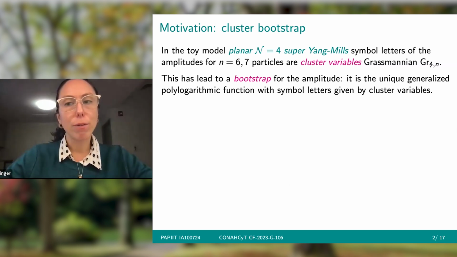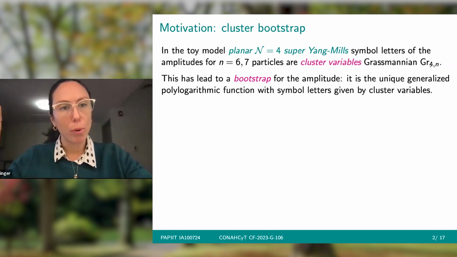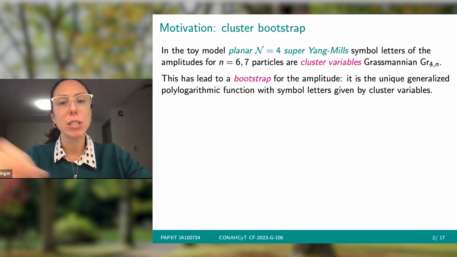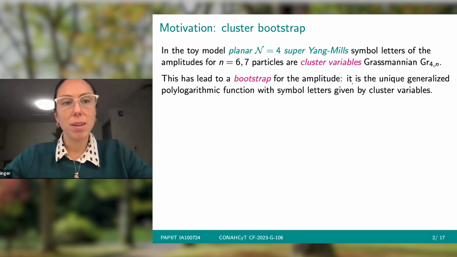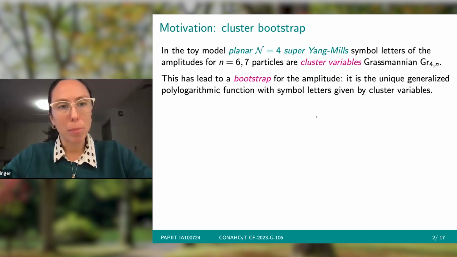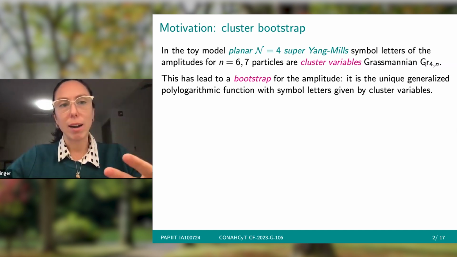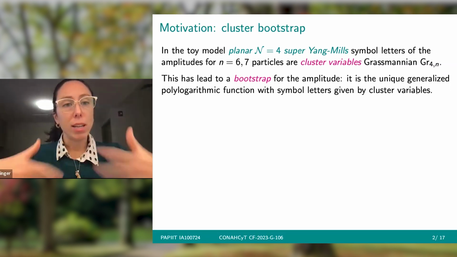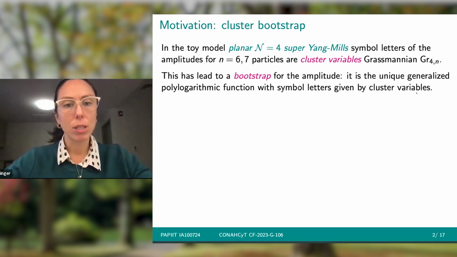The Grassmannian Gr(4,n) in this case is the kinematic space, the space where a point represents a particle configuration. From this observation, there has been more progress in the bootstrap program, working with cluster structures of Grassmannians of higher n, and running this bootstrap to see if there's a unique solution for the amplitude.